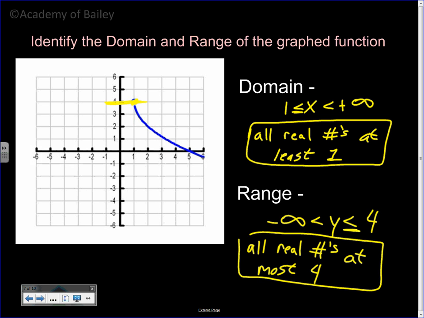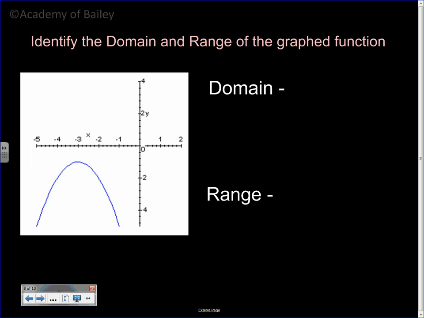Sounds better than at most. But both of them do mean the same thing. And so that would be the domain and range for that function. I would like you to pause this part of it and then identify the domain and range for yourself, and then I will stroll through it quickly with you.